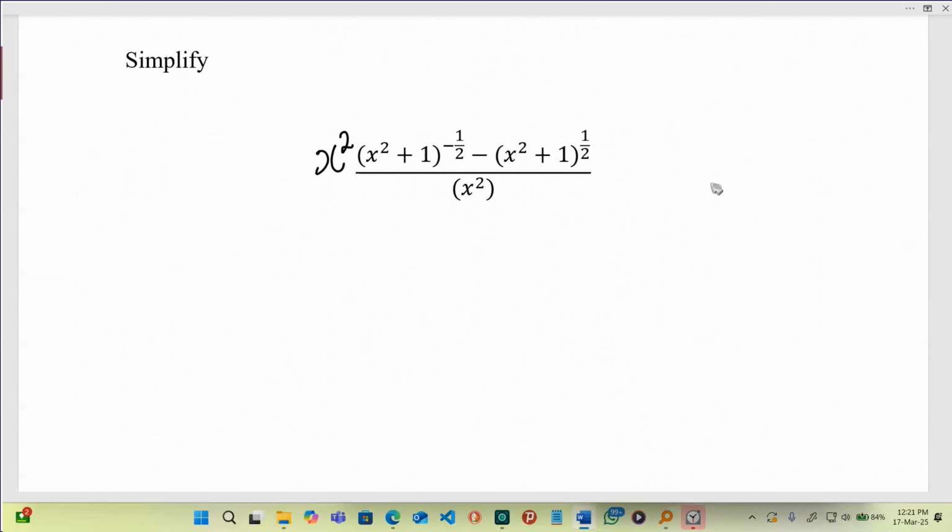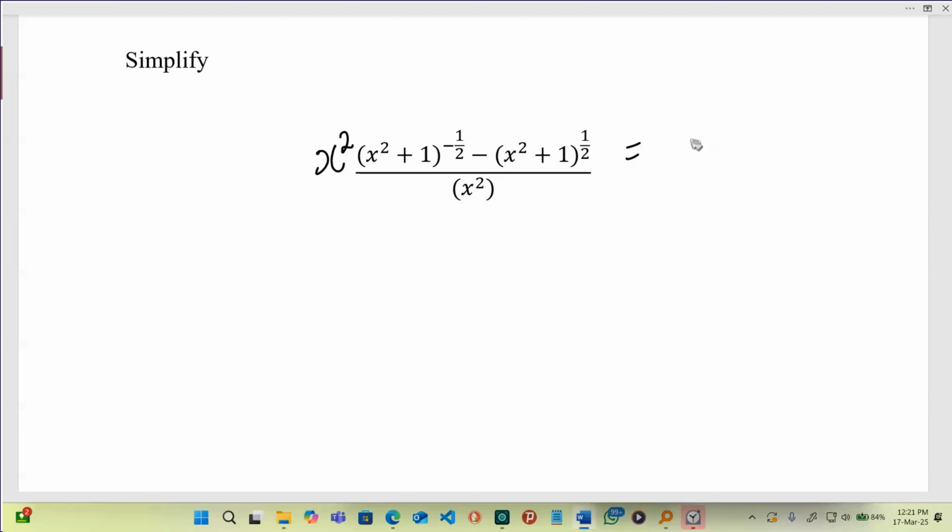So let's look at this problem. If I have x squared into (x squared plus 1) to power negative a half, minus (x squared plus 1) to power a half, divided by x squared. So what does this call us to do?